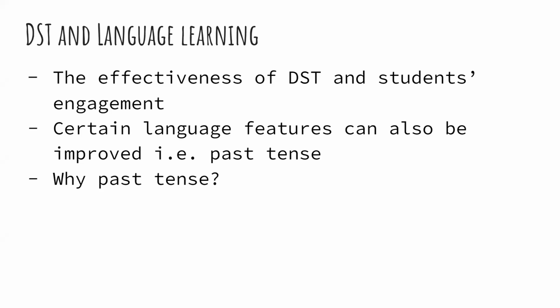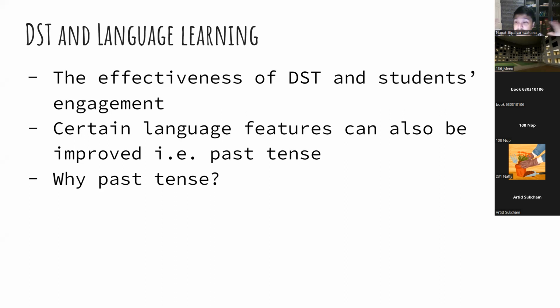When you have to narrate your life events, it's normally something that happened in the past. So you really need to talk about your past events, and you are forced to use past tense. And this is just one example of the language features that you can improve.